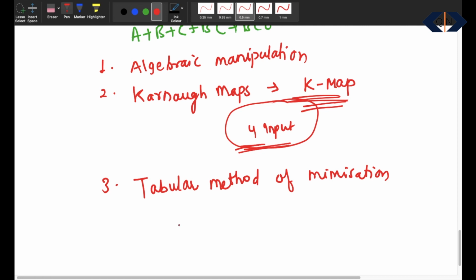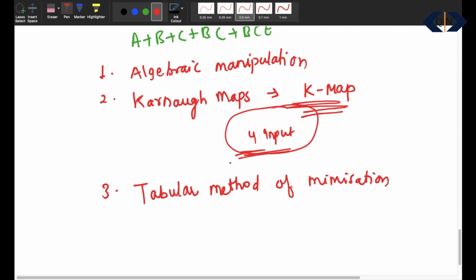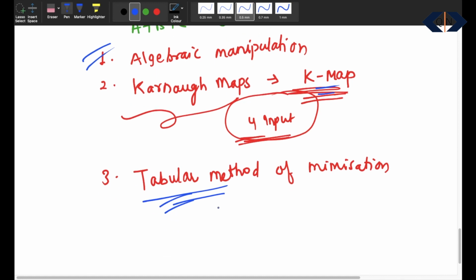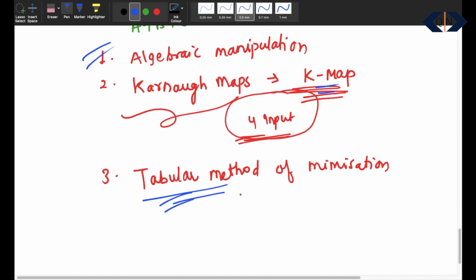Tabular method of minimization. I will be covering these methods one by one, since we have already covered algebraic manipulation. In the next video we will cover K-map, and after that we can cover the tabular method of minimization, because for this method I will give only one example, as it is slightly longer and more procedure based, and you have to follow each and every step properly, then only can you understand.